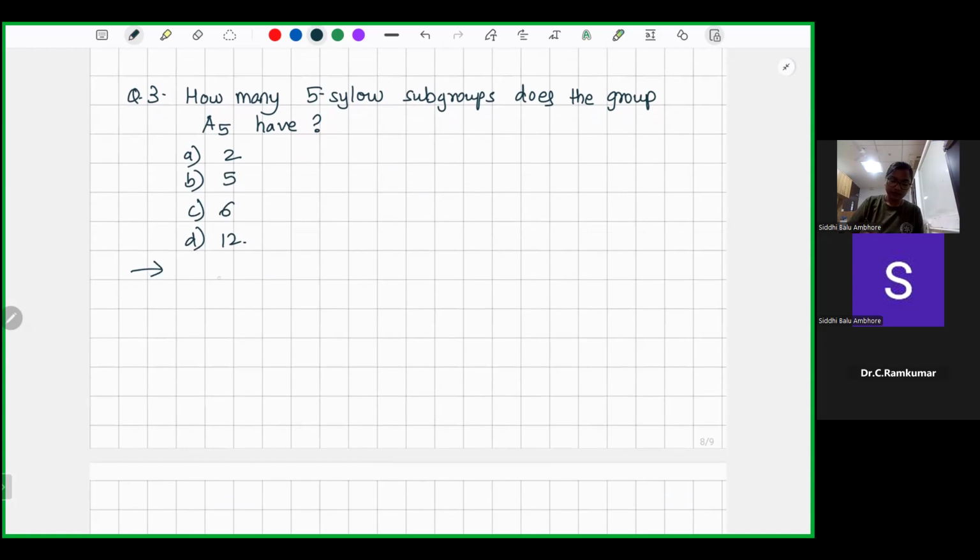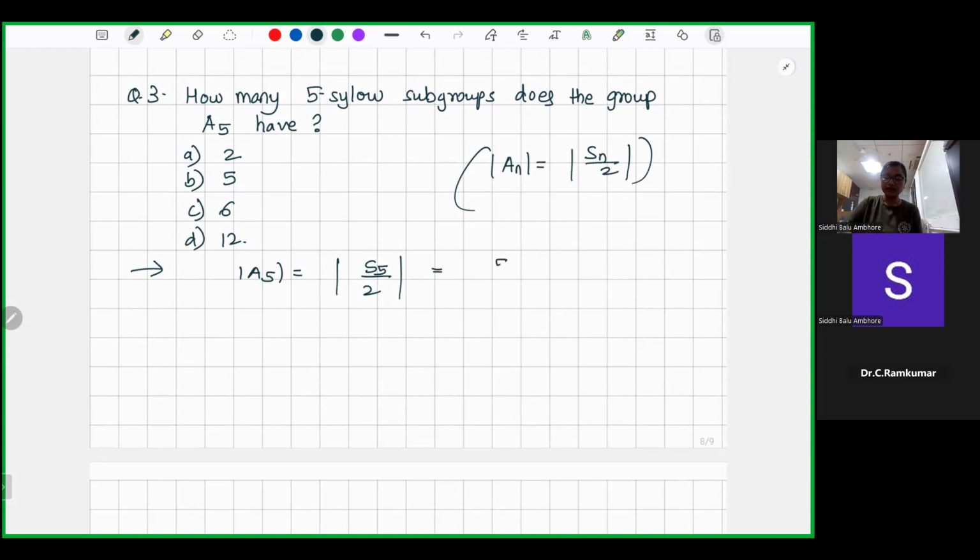And what is the cardinality of A5? The cardinality of A5 is the cardinality of S5 divided by 2. If you don't know, please know this. In general, the cardinality of An is the cardinality of Sn divided by 2.